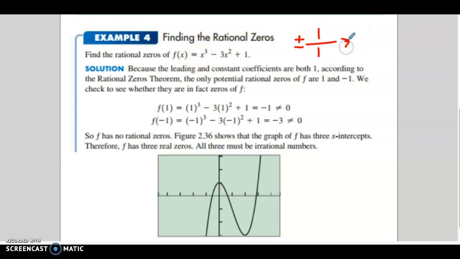So we could only have either positive 1 or negative 1, and if we plug either one of those in, we see that we do not get a value of 0. So that means these are not actually factors of this original polynomial. We can see by the graph that it's not crossing at negative 1 or 1, so this function does not have any rational roots.